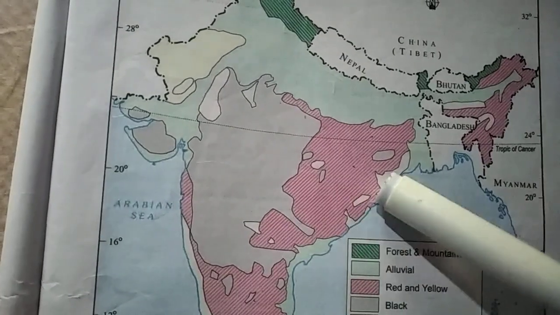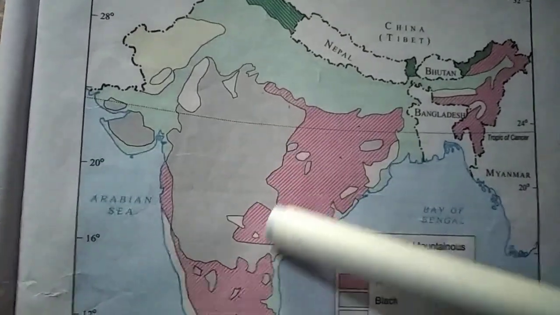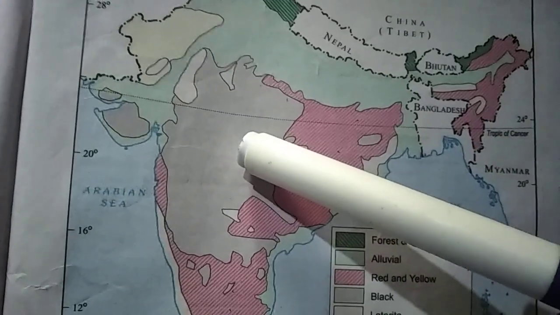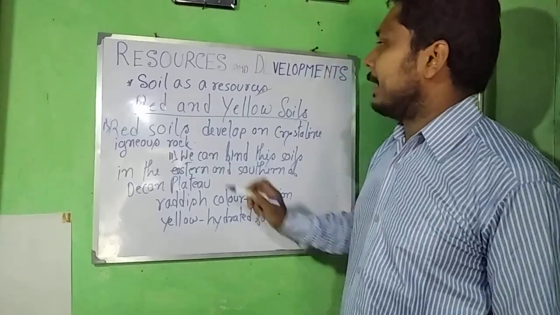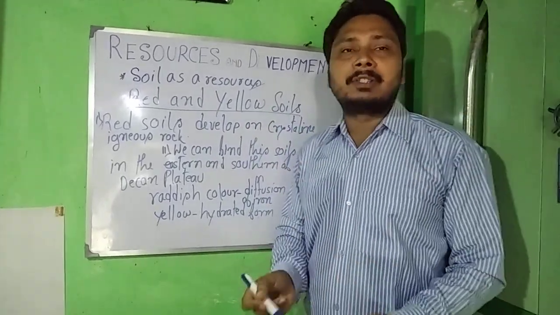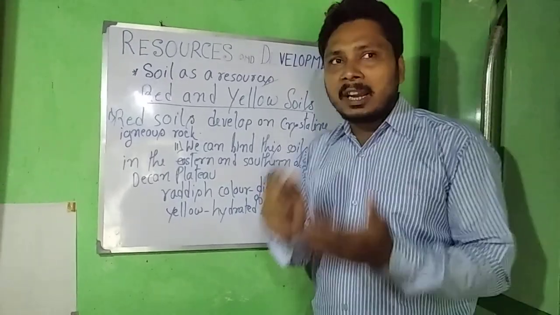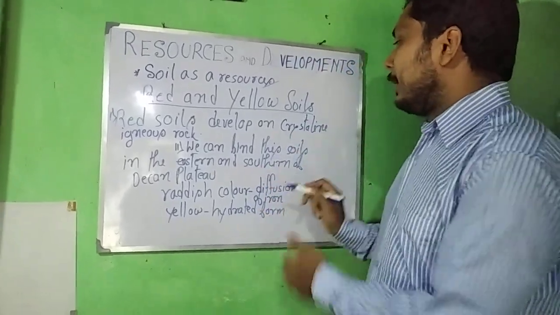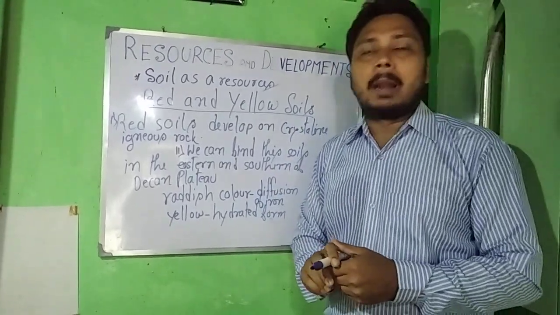Look at this Indian map. In this area we can find the black soil, and it is also known as the Deccan Trap. The next point is red and yellow soils. Red soils develop on crystalline igneous rock, and we can find this type of soil in the eastern and southern part of the Deccan Plateau.